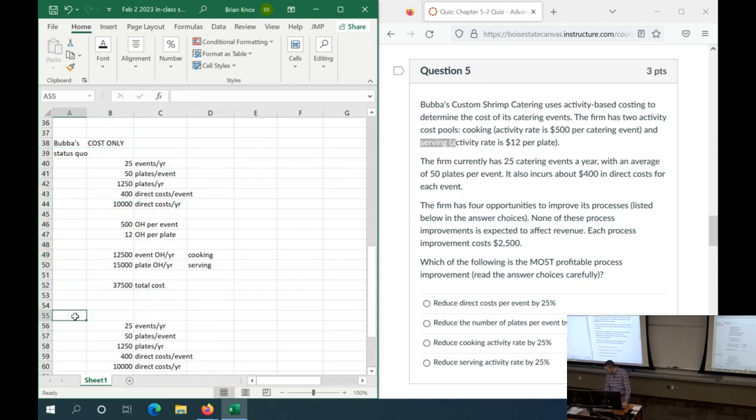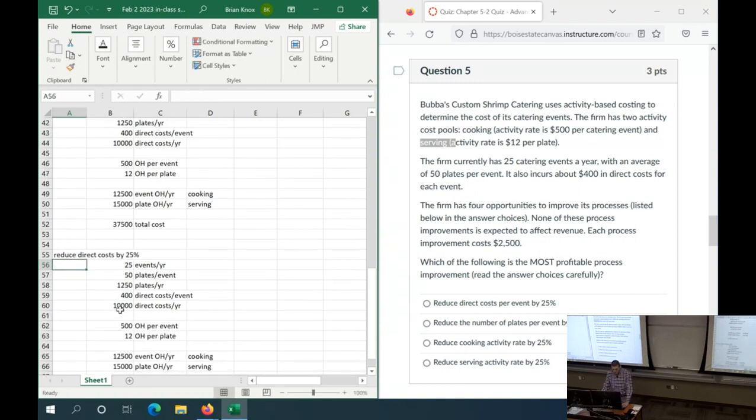Okay, so now we could reduce direct costs per event by 25%. First option. 400 reduced by 25% is going to be 300. A quarter of 400 is 100, so now it's only $300 per event. Okay, is that all right?